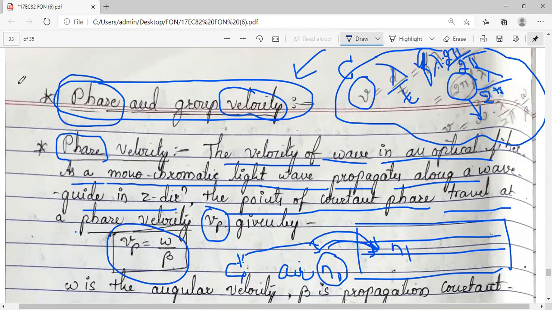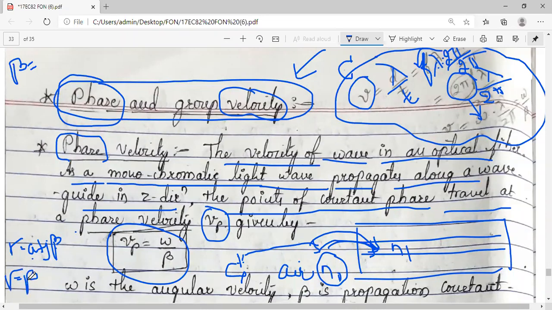So what is beta equals to? You know this, beta is a phase constant, and in general propagation constant, very specifically phase constant. Okay, when I'm taking gamma, which is alpha plus j beta, here we are not considering the attenuation constant alpha, we are considering beta term.